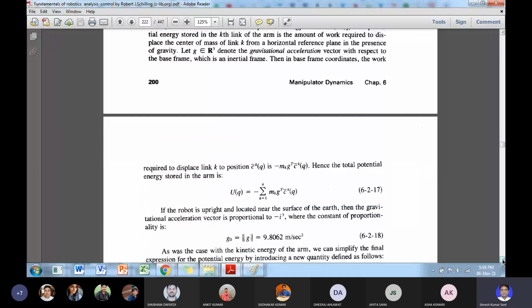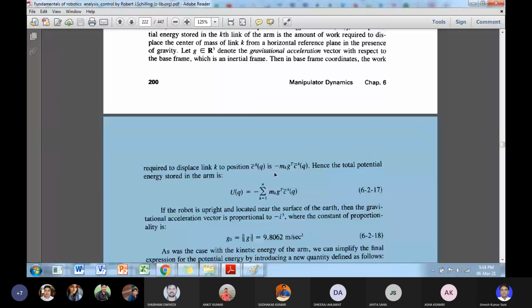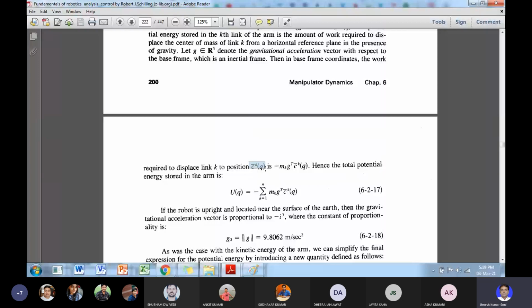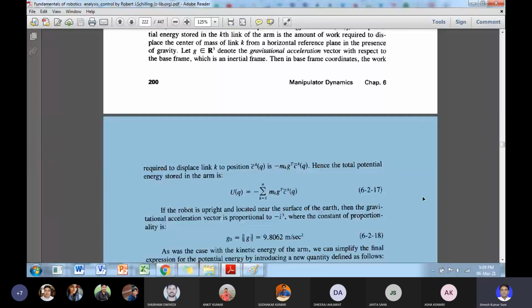So this will be represented as minus the work done in moving the link k to position Ck. Ck is given by that center of mass.